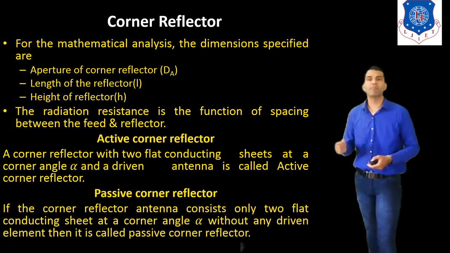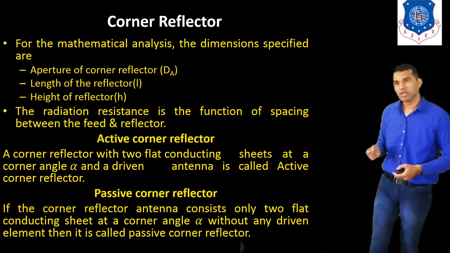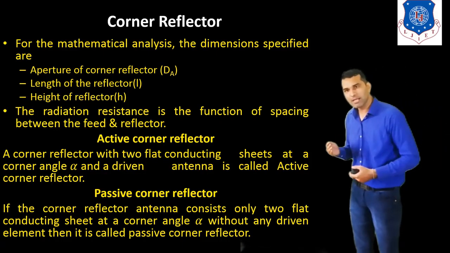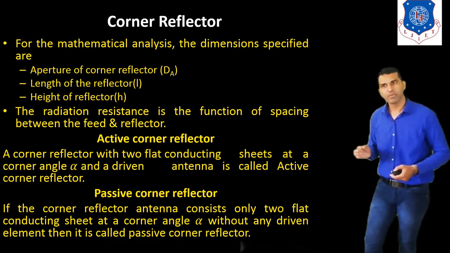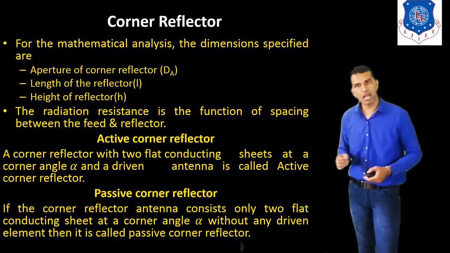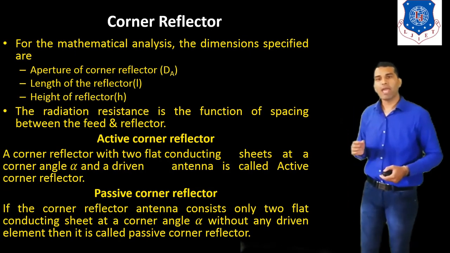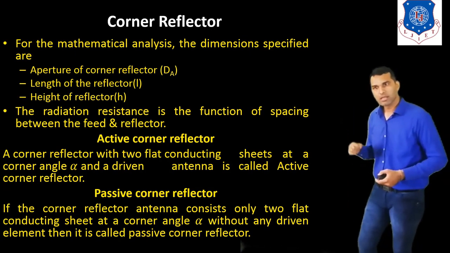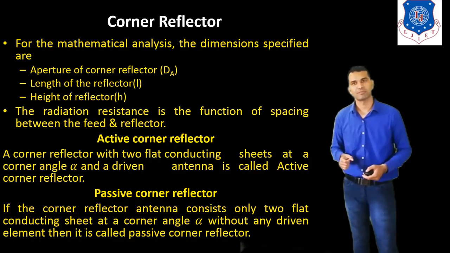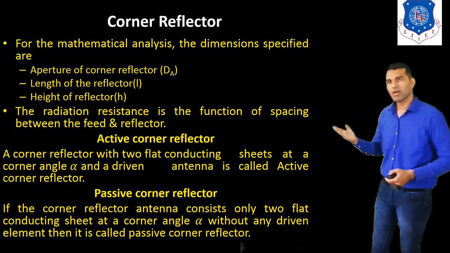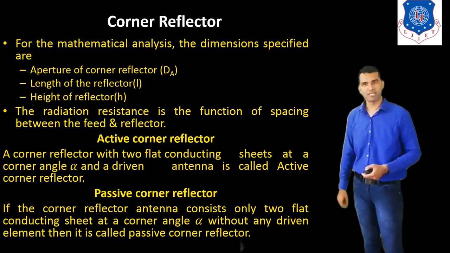The next one is the passive corner reflector. If the corner reflector antenna consists of only two flat conducting sheets at a corner angle alpha without any driven element, then it is called a passive corner reflector. So these are the two types: active corner reflector and passive corner reflector.